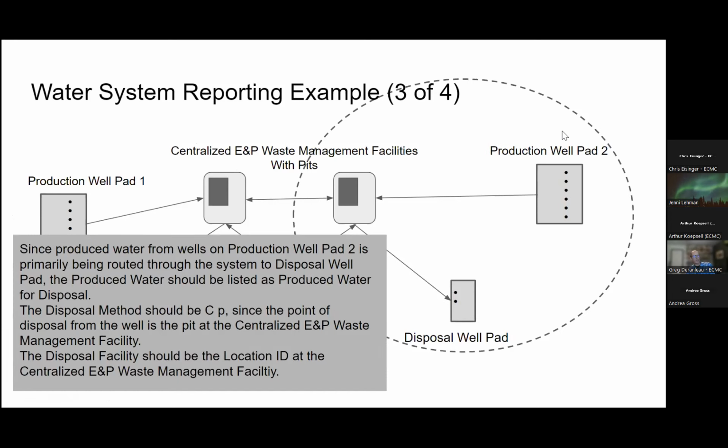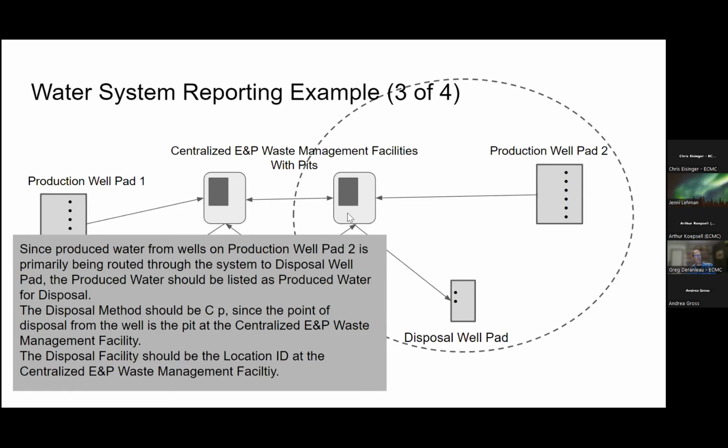And again, on the other side of this simplified water system, production pad 2 is going into this centralized E&P waste management facility. Some of it is moving around among the facilities, but most of it's going to these disposal wells. Then the operator should report the production from these wells as going to disposal.